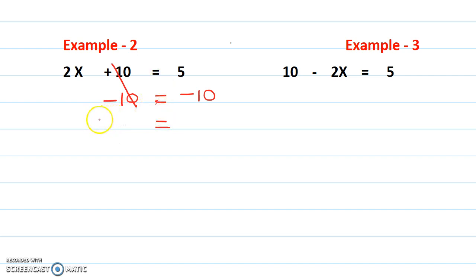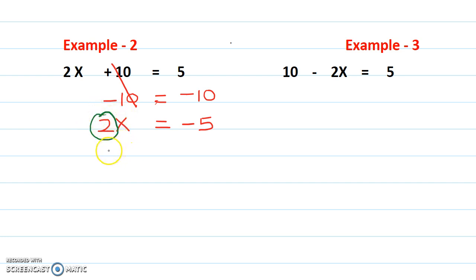What is left on the left hand side? If you see here, 2x, and 5 take away 10 is -5. So again, which number is troubling here? Can you guess? Because we need to calculate x and 2 is associated with x, we need to get rid of this 2.